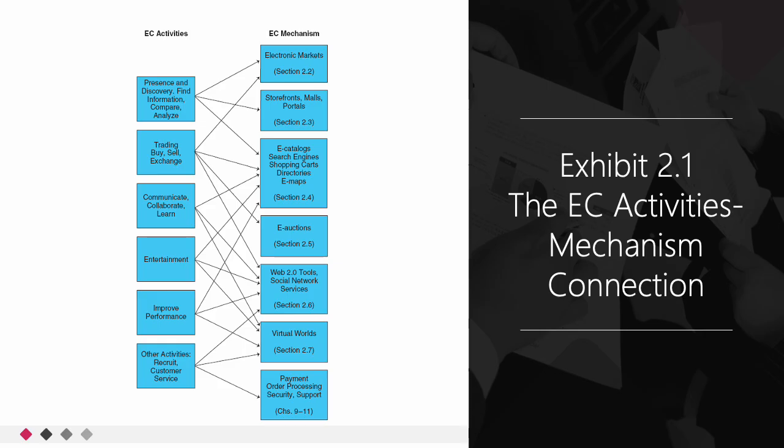Next, we're talking about the e-commerce activities. These are the key actions that happen in online business. You need to think of them as the things you do when shopping or selling online. And the list of the e-commerce activities and their mechanisms includes browsing and discovering.